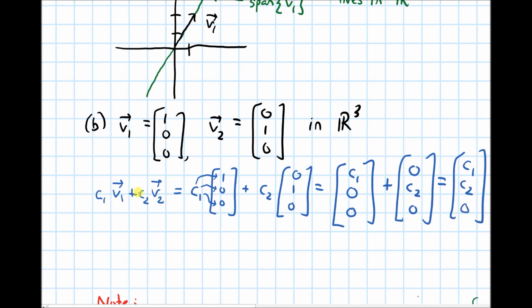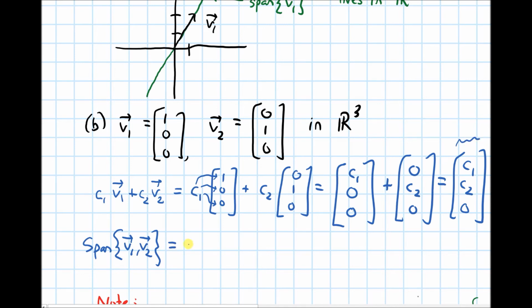Okay, so any linear combination of these two vectors looks like this. Some number c1 in the first entry, some number c2 in the second entry, and then 0 in the third entry. So what does this look like graphically? The span consists of all vectors in R3 that have 3 entries that look like this.